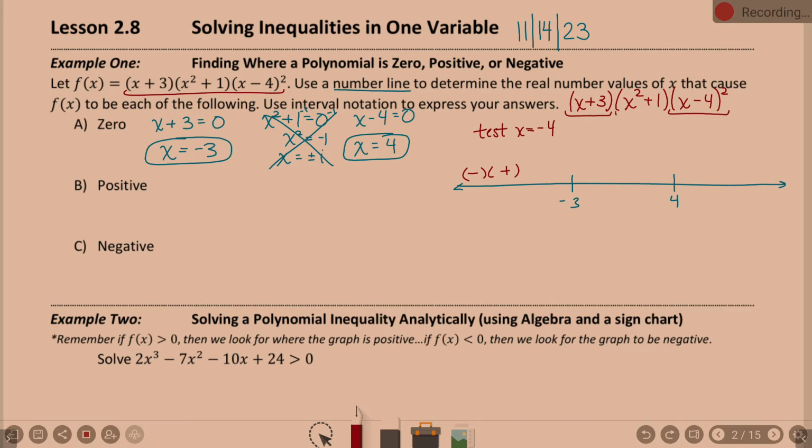That's going to become a positive. If you multiply a negative times a positive, what do you get for that interval? A negative. So I know no matter what value I put in here to the left of -3, my graph's going to be negative here.